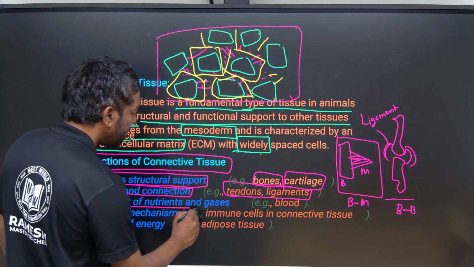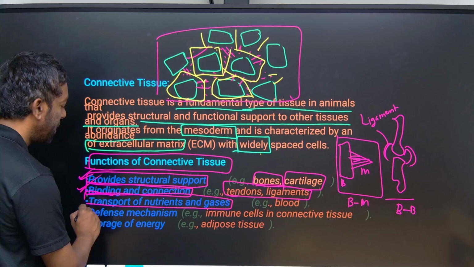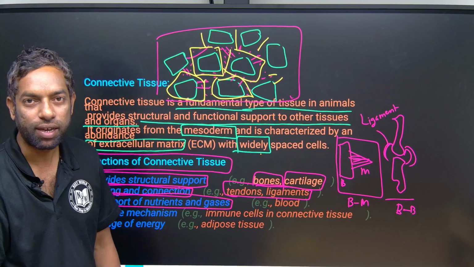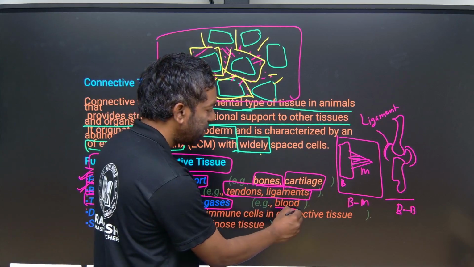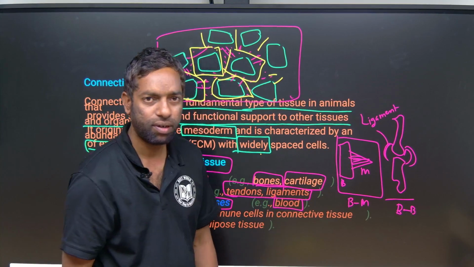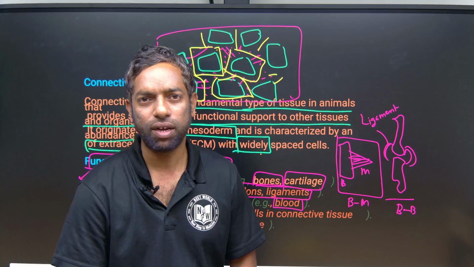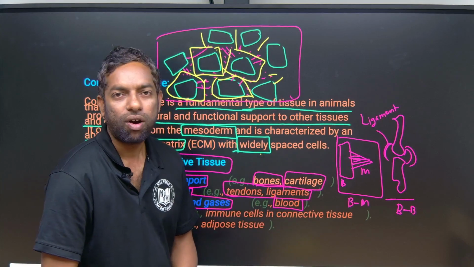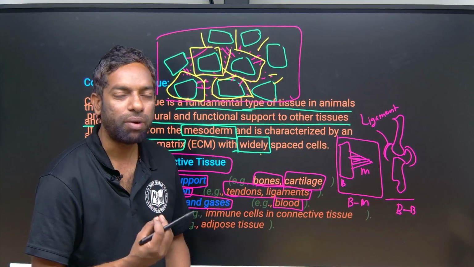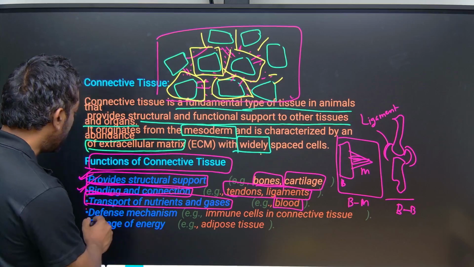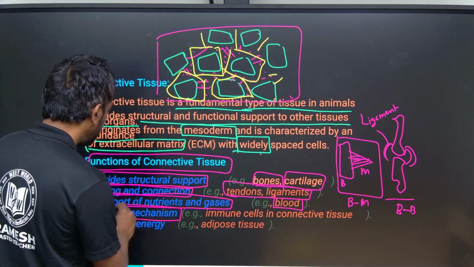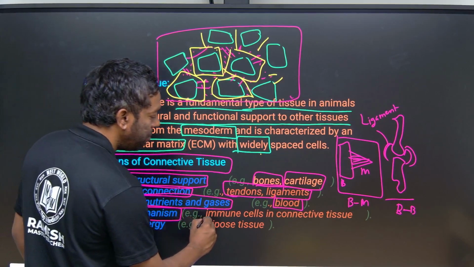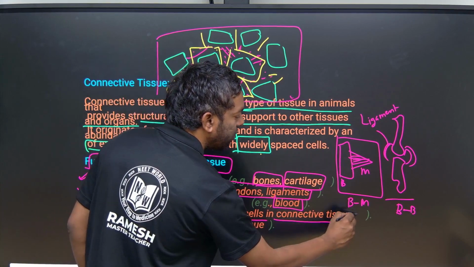Transport of nutrients and gases. Who can transport the nutrients and gases? Blood can transport nutrients to the body parts, like glucose, and oxygen is the gas. Defense mechanism: there are immune cells in the connective tissue.